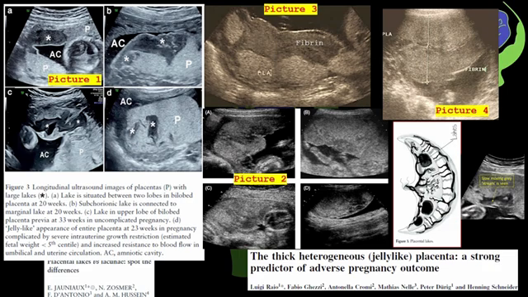So let's move on to image D of picture 1 and picture 2. All 4 images in picture 2 belong to the same patient. This type of placenta is generally described as jelly-like or dirty-looking placenta as per Professor Evesville. This is a thick heterogeneous placenta with spongy and irregular echo texture.